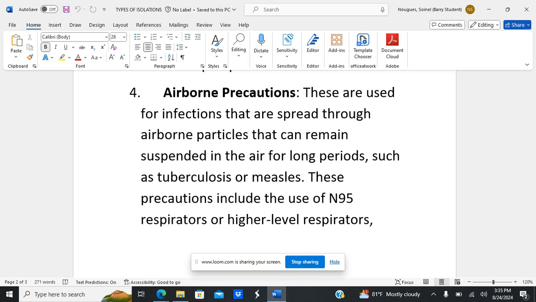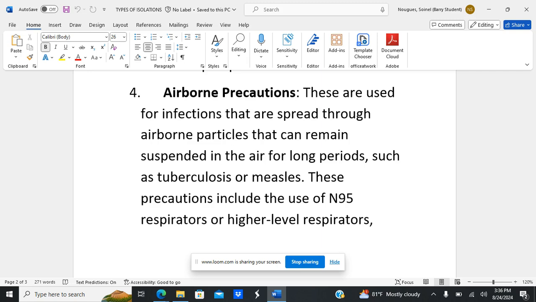I cannot count how many nurses got infected because they forgot there was an infected patient in a room. So they go clean, they go do stuff, and then they get infected because the germs have been there for a long time. Make sure you are careful with the precautions, guys. The precautions are very important.